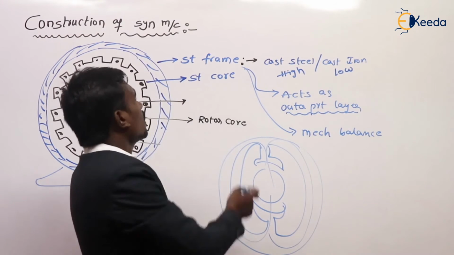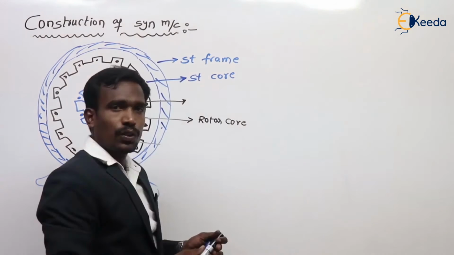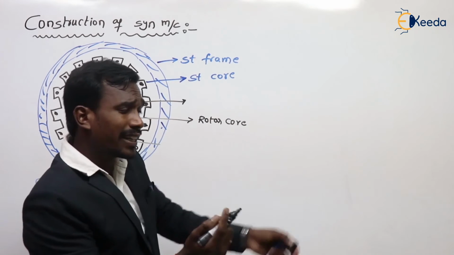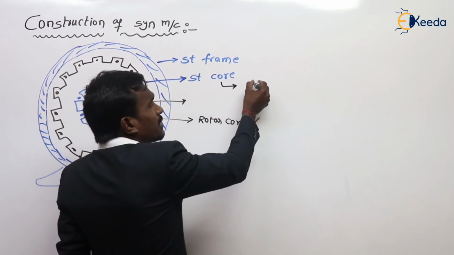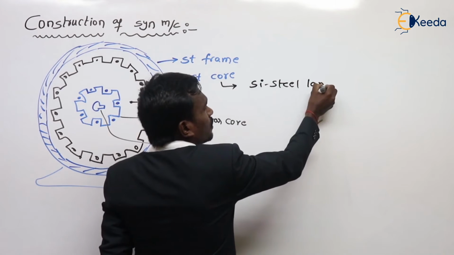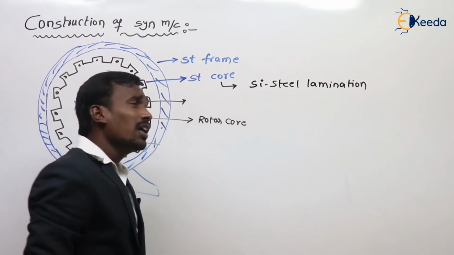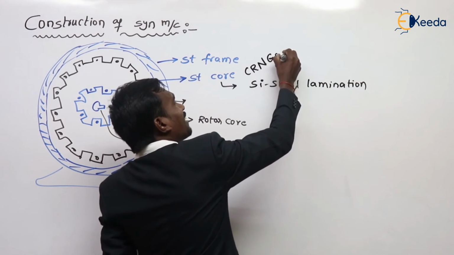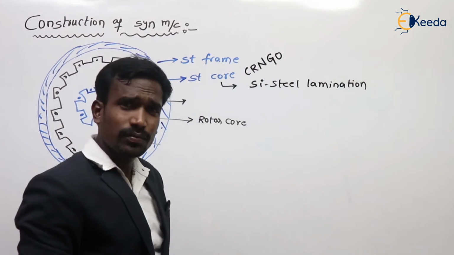Then next, what about the stator core? Let's see. Tell me, the stator core is made up of? The stator core is made up of silicon steel laminations. This is the 100% correct answer. In some textbooks, they will say it is made up of CRNGO silicon steel laminations.